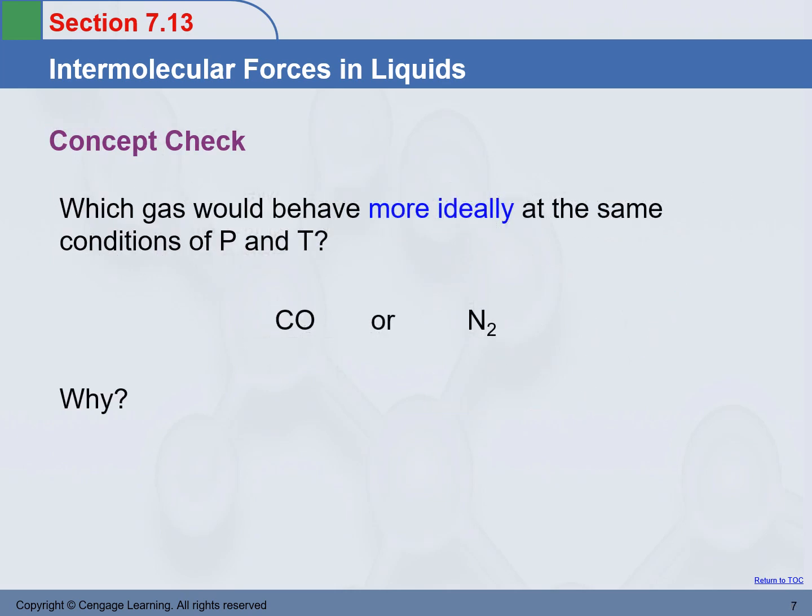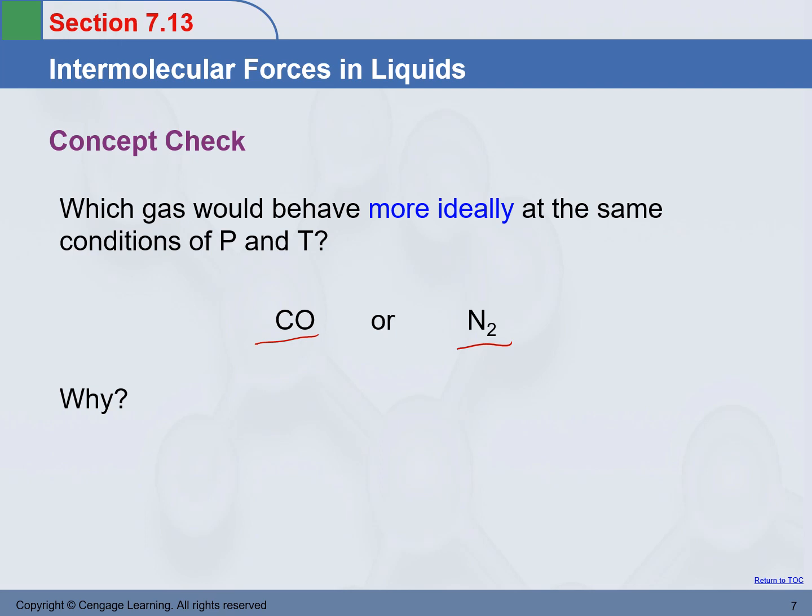Which gas would behave more ideally at the same conditions of pressure and temperature? More ideally, what does that mean? That means it will behave more like an ideal gas. An ideal gas is a gas that has zero attractions between molecules. Molecules are independent from each other. So whichever has a weaker intermolecular force, that one will behave more ideally.